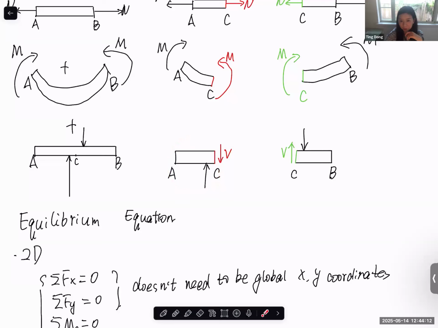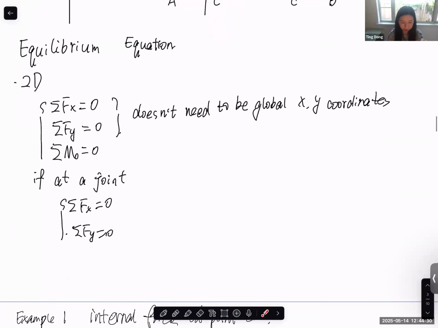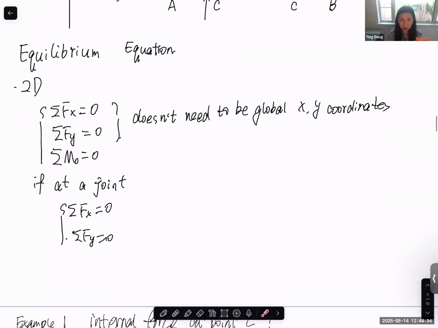When you put this into the equation, you should put this as a negative sign and this as a positive sign, because now for this cut section, all this force becomes external plane force, and everything should follow the coordinates. So this is the free body diagram, equilibrium equation, and the sign.